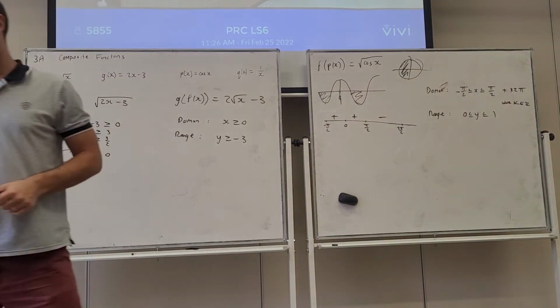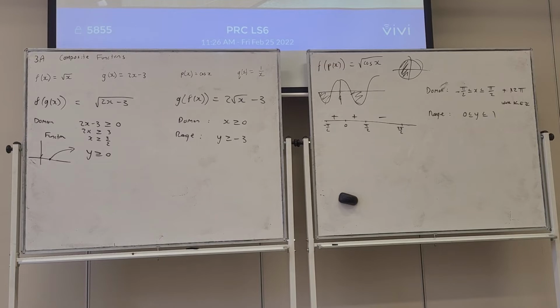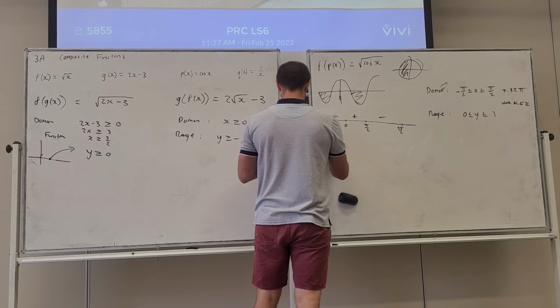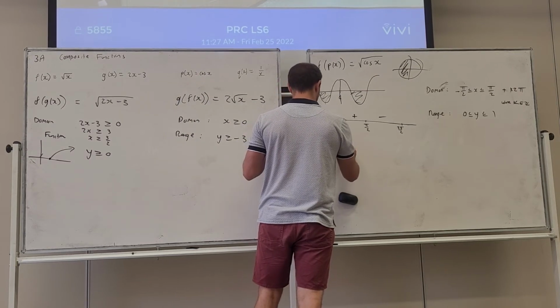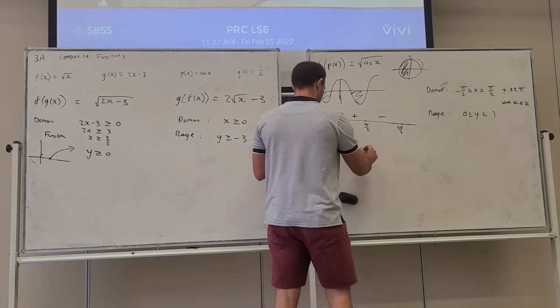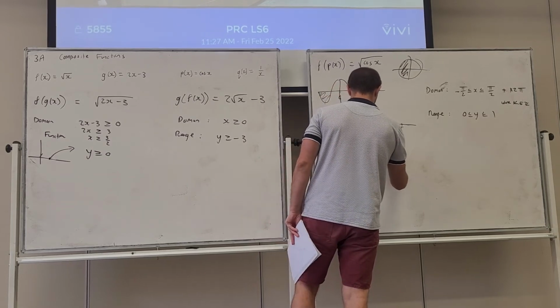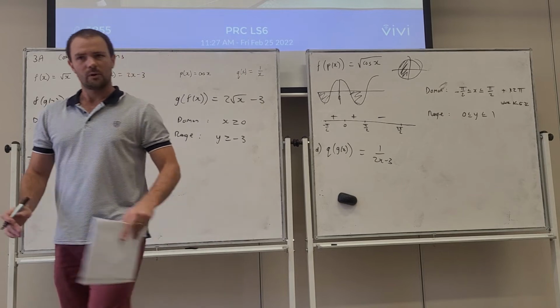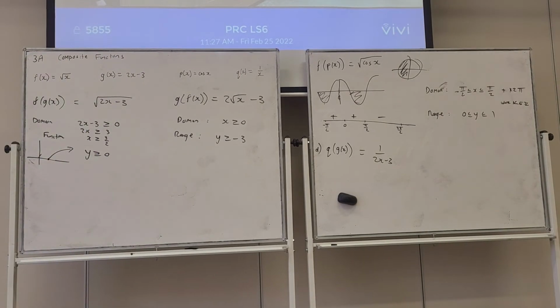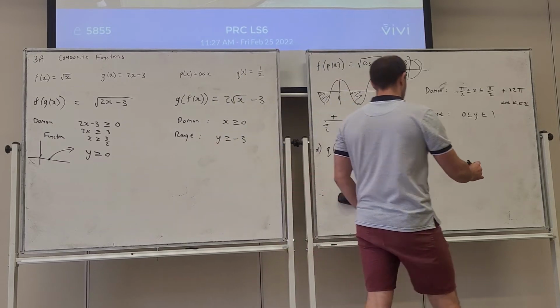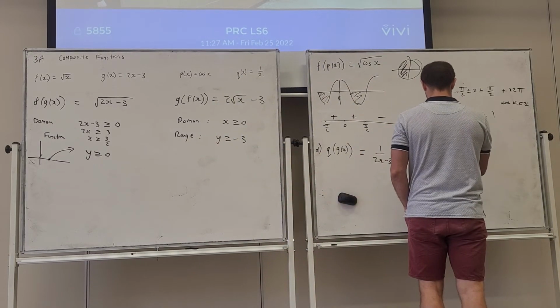And then the last one we have is q of g of x. So this is for d, q of g of x, which is 1 on 2x take 3. We should recognise straight away that this is going to be undefined when the denominator equals 0.